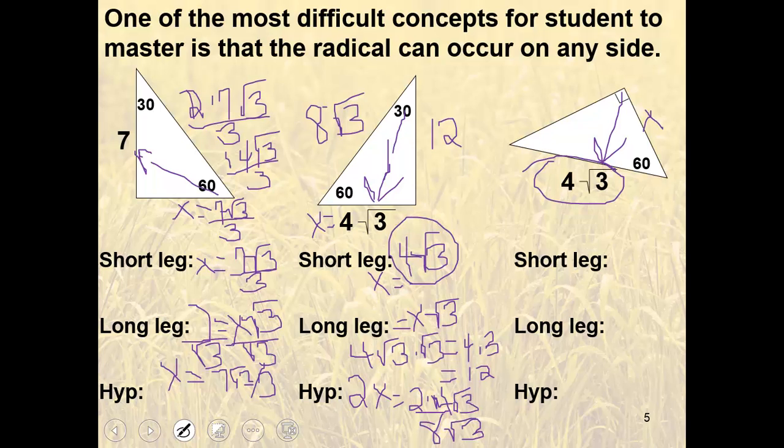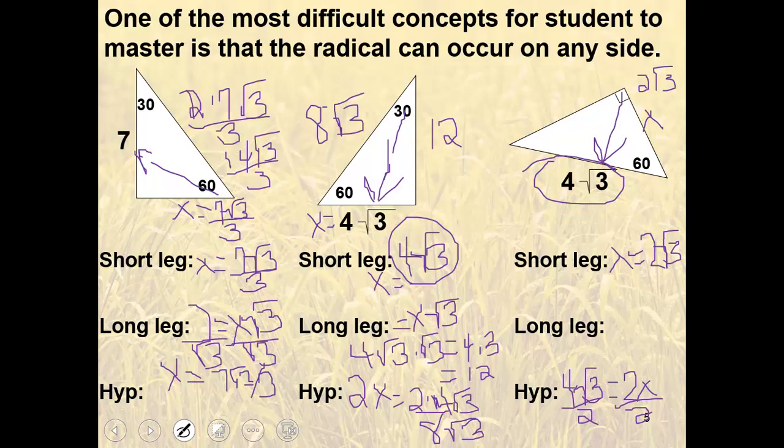Well, if I start here with the hypotenuse, I know that 4 square roots of 3 has to equal 2x, right? So I just divide both sides by 2, and that'll tell me what x is. X has to equal half of that, 2 square roots of 3.